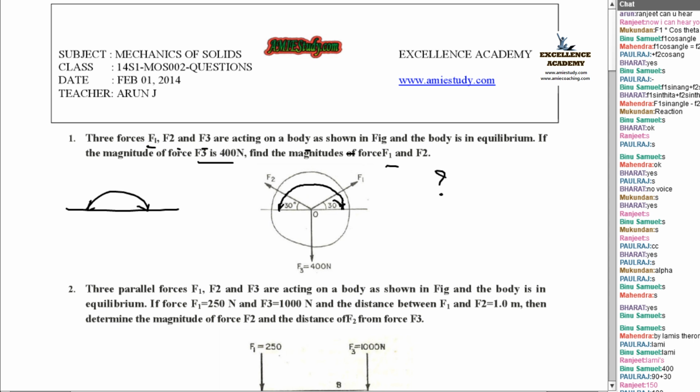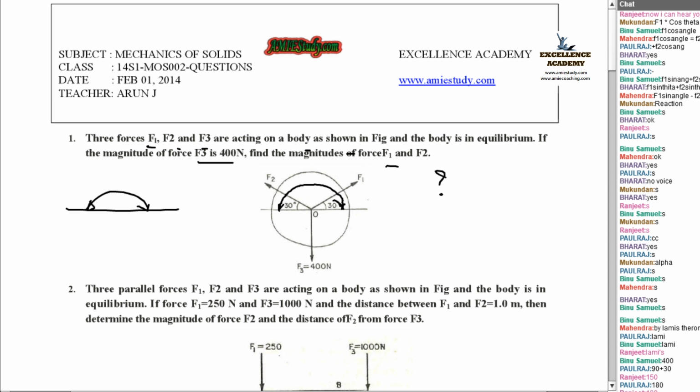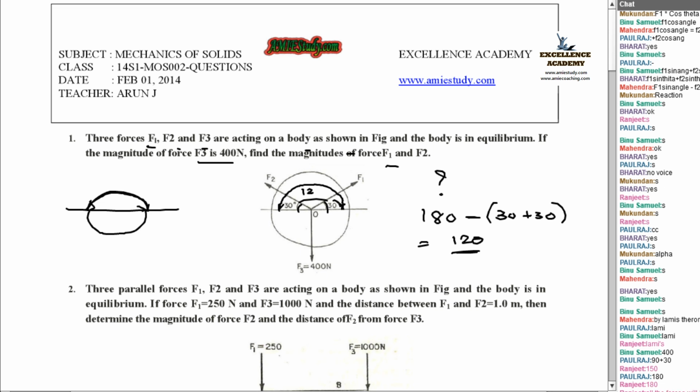The total angle will be 180 degree. For a circle, that will be 180 plus 180, that is 360 degree. So here it is just half of that, that means it is 180 degree. So I know the full angle 180, and this side angle and this side angle are known. So 180 minus (30 plus 30), that is 120. So 120 is the angle formed by this one.